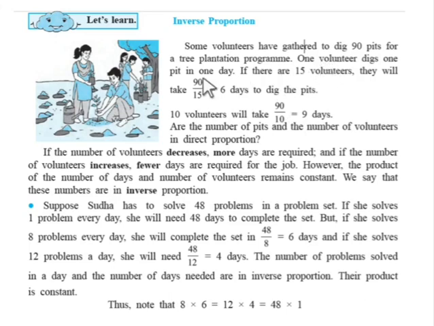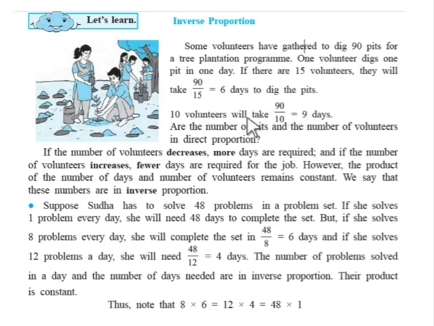One volunteer takes 90 days. If only one volunteer is digging the pits, then he will take 90 days to dig 90 pits. But if there are 15 volunteers, then they will take only 6 days. But if the number of volunteers decreases, that is, if 10 volunteers dig the pits, then they will take 9 days to dig.